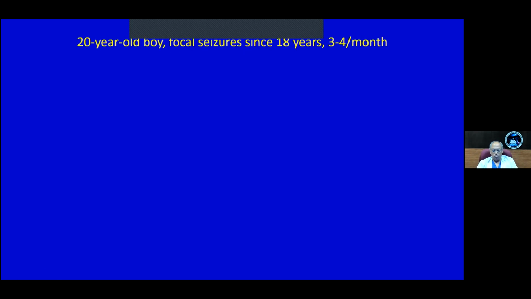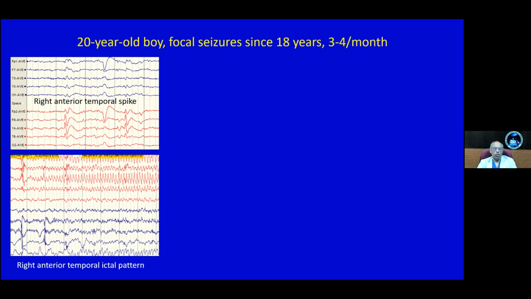Probably this boy will help us to understand our strategy. This boy presented with frontal lobe seizures in childhood, and 18 years ago when imaging was done, there was a large developmental malformation in the right frontal lobe. But when he came to us, he presented with temporal lobe epilepsy. And so there is an evolution from frontal lobe epilepsy to temporal lobe epilepsy, and imaging showed dual pathology.